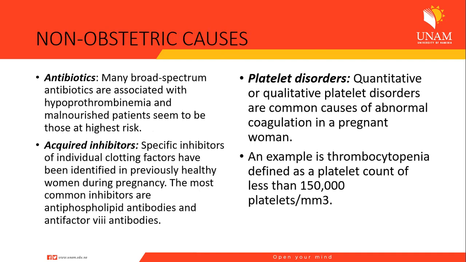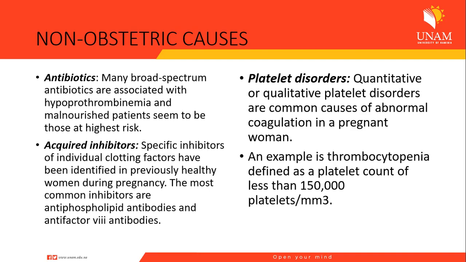Non-obstetric causes include antibiotics. Many broad-spectrum antibiotics are associated with hypoprothrombinemia, and malnourished patients seem to be at high risk. So when you're giving antibiotics to patients who are malnourished, this can predispose to coagulopathy, especially in pregnancy.